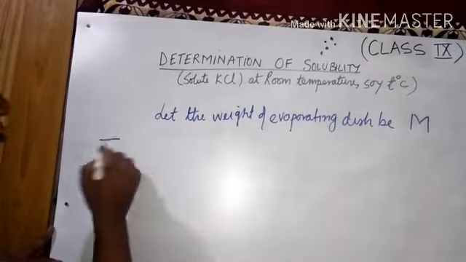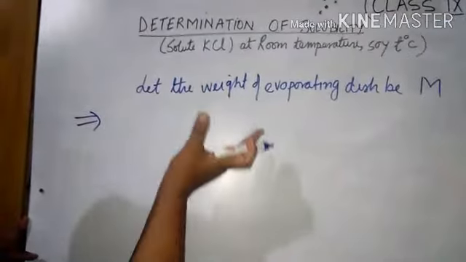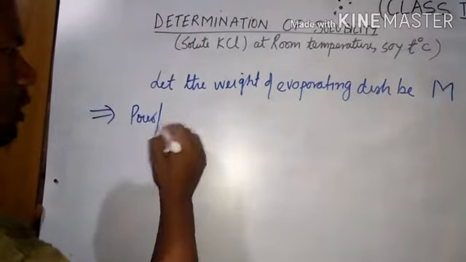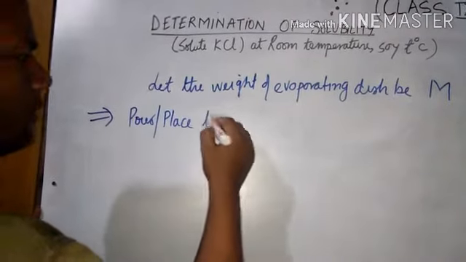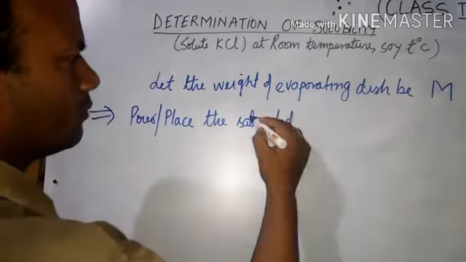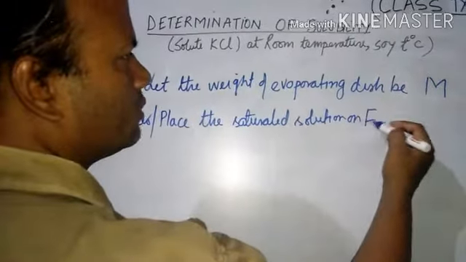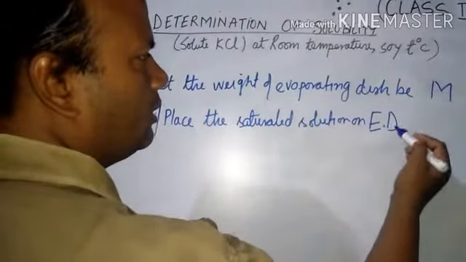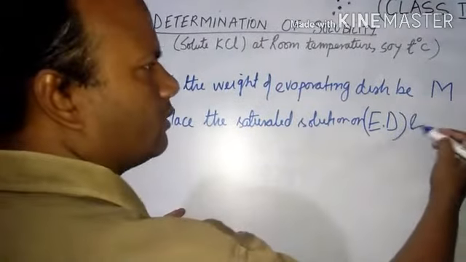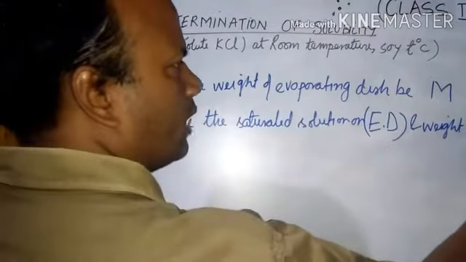Now what is the next step? You have to pour that saturated solution, or place the saturated solution, on the evaporating dish. Evaporating dish I am writing by ED, short form. And weight, suppose it comes M1.